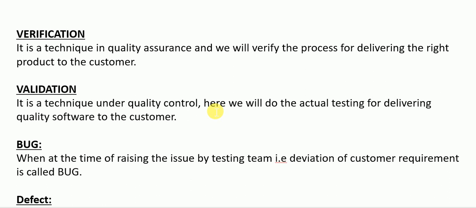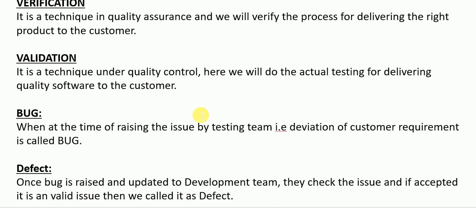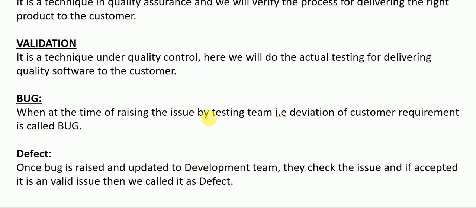So next one is what is a bug and what is a defect. These are very important words for testing. As I covered previously, a bug is something not working according to the client expectation.